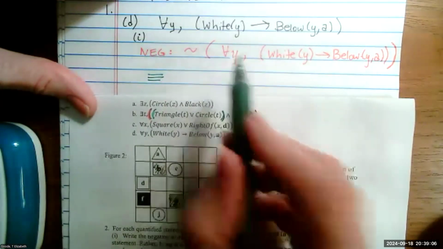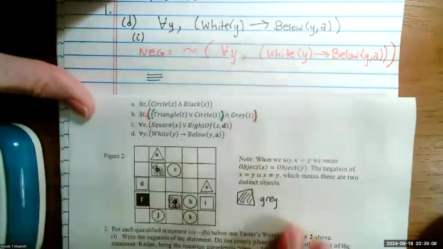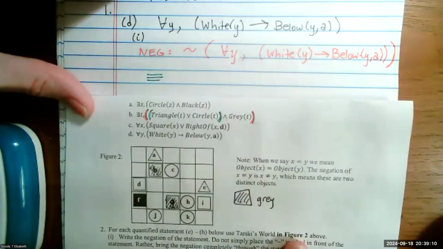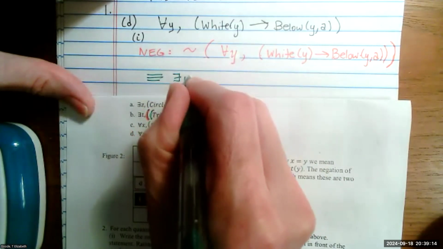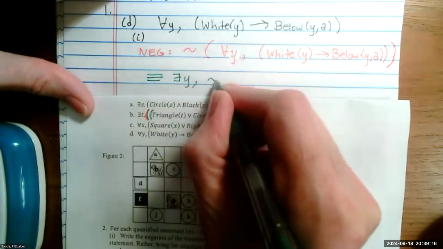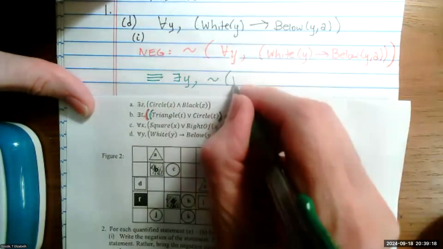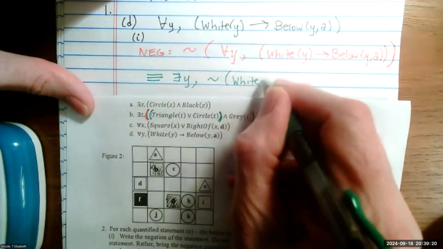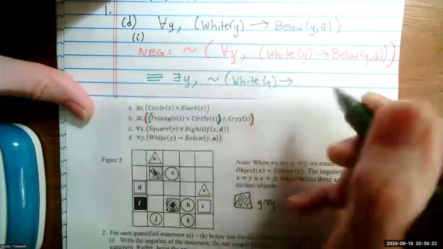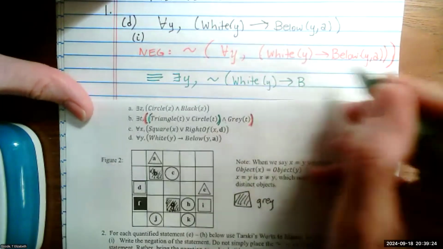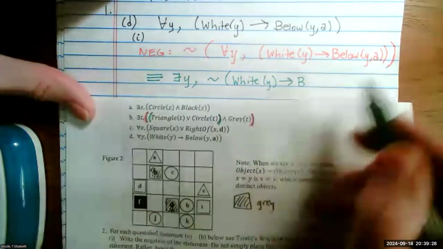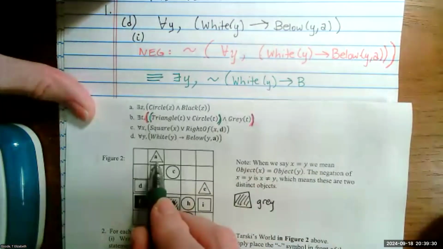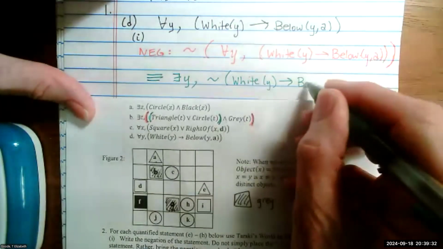What happens to for all y when we bring the negation through? It turns into there exists. There exists a y. And then we get to negate the if-then. White y implies below YA, which means object Y is below object A. A is a particular object. It is this object. Y is a variable.